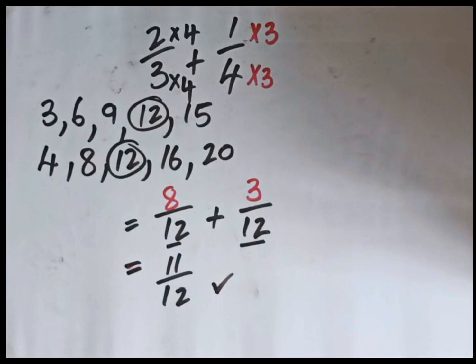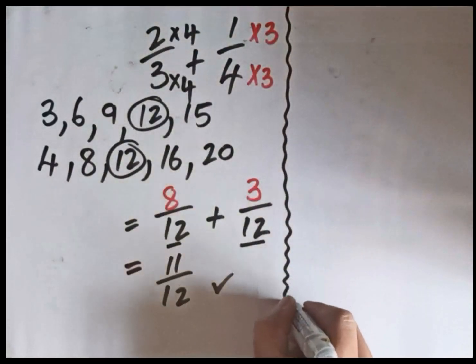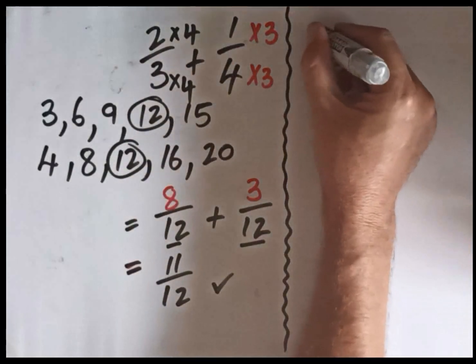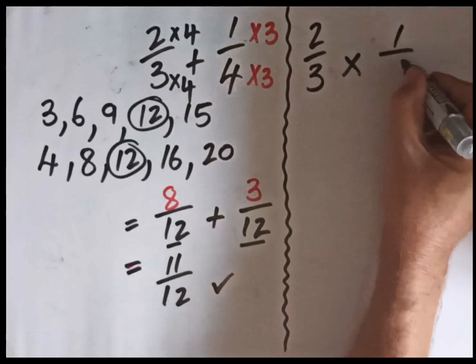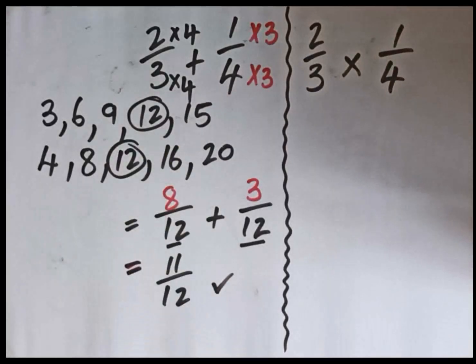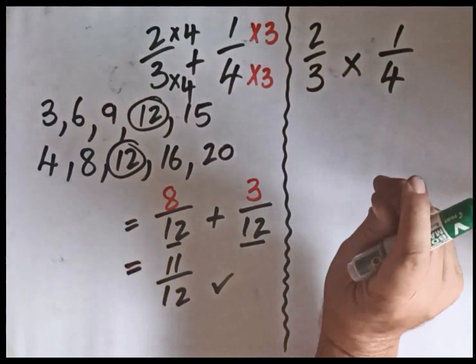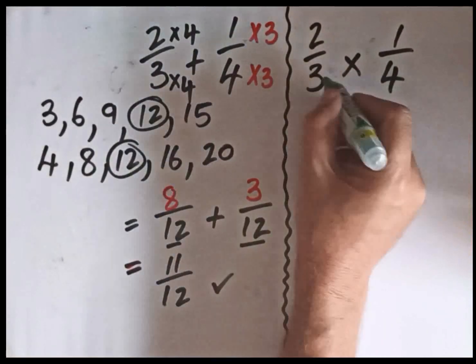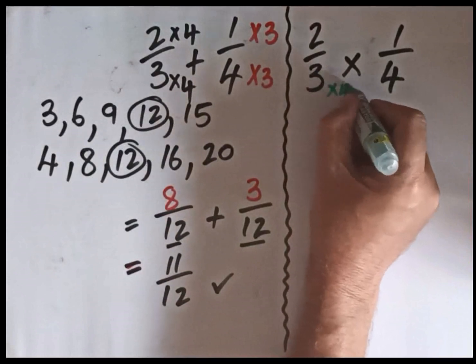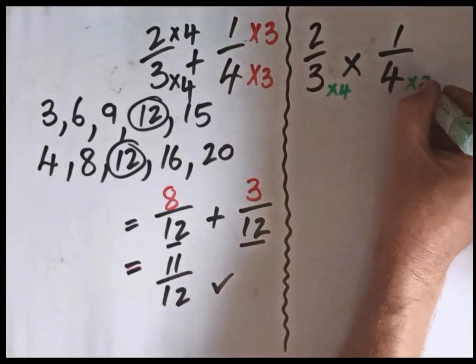The other method that I want to show you is what I call the cross multiplication. And that works as follows. 2 over 3 plus 1 over 4. Now you'll notice that the 3 and the 4 across from each other can be multiplied with each other to get the same denominator. For instance, 3 can be multiplied by 4 and 4 can be multiplied by 3.